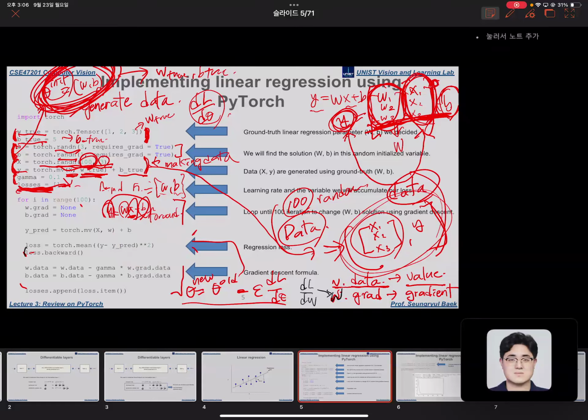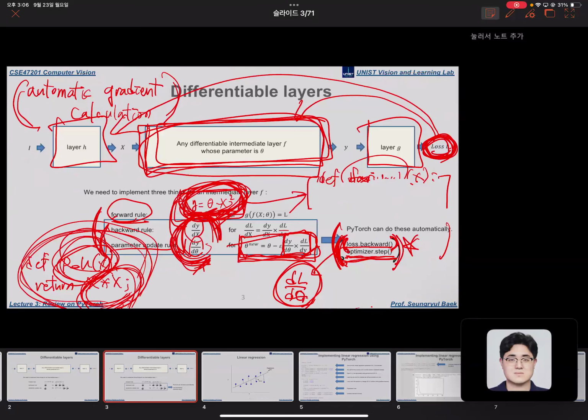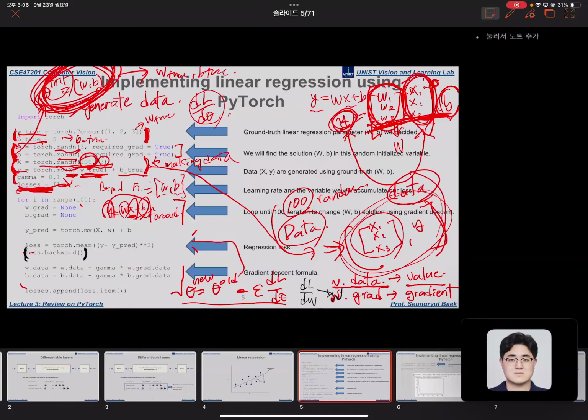And after that, we call this function loss.backward. As I told you in the previous slide, if you call loss.backward, these values are calculated for every layer's parameters, which are W and B for the whole deep architecture.